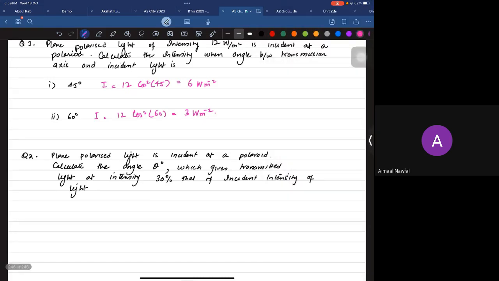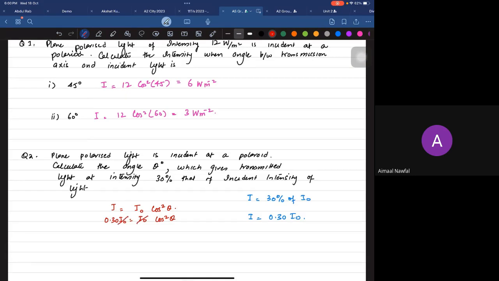Basically, what you guys need to remember is that I will be equal to 30% of I naught, right? So can I say it's I equals 0.30 of I naught? Yes. Then I'm going to use the equation I equals I naught cos square theta. So I is 0.30 I naught, and I naught is I naught, and cos square is theta.